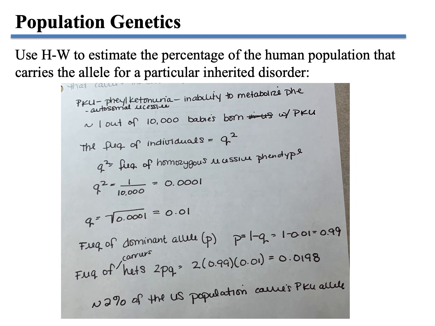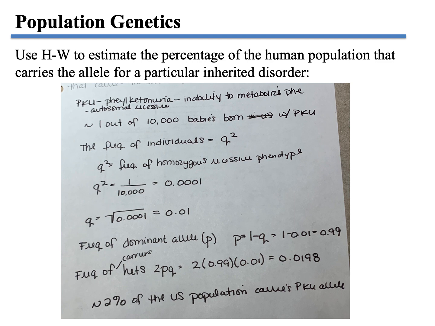This is information that we can utilize that's been given to us. So q squared then is equal to 1 out of 10,000, because stated above we have that frequency that's already been established. 1 out of 10,000 can be rewritten as 0.0001. That is equivalent to the q squared value.